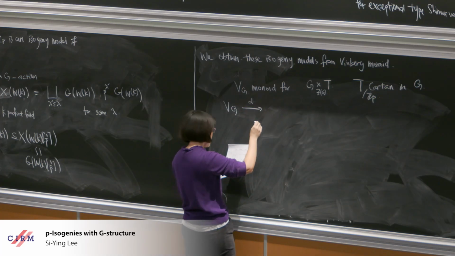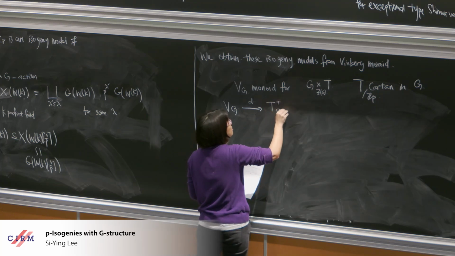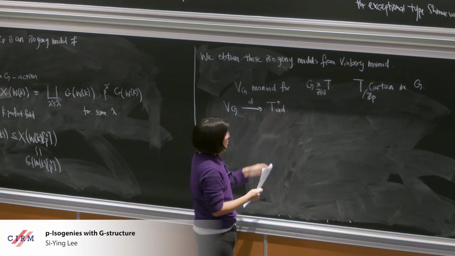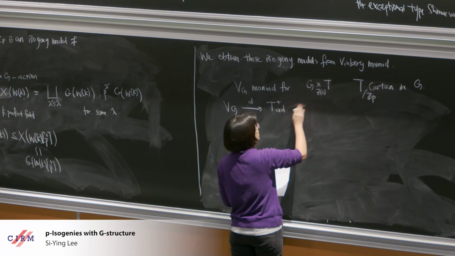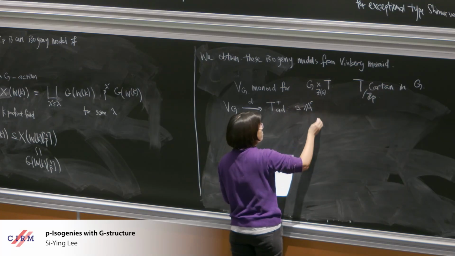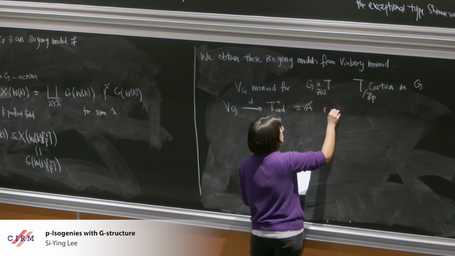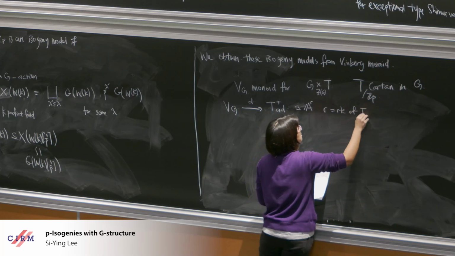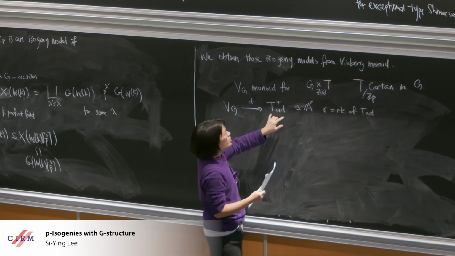Let's call it the map D. It admits a flat map to this, which is isomorphic to A^r, where r is the rank of this T-ad. But maybe I should say what this T-ad is.